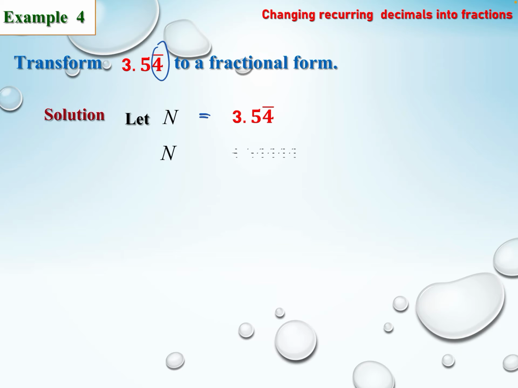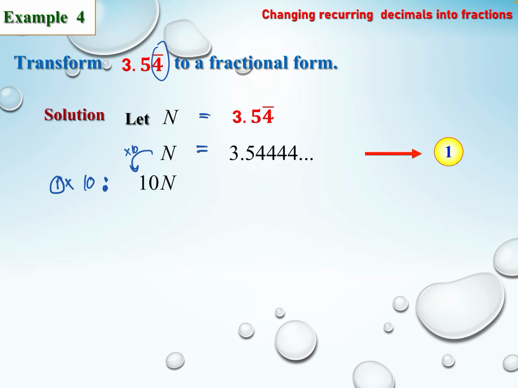So it means repeat 4. So n equals 3.54444444. Then we let this be equation number 1. Now we take equation number 1 multiplied by 10 first. So what do we have? n times 10.